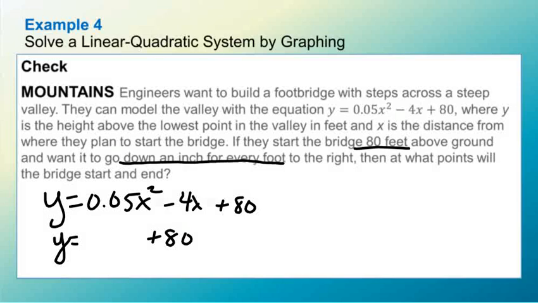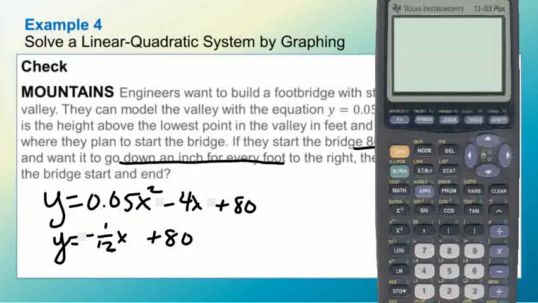If we put that in feet, that would be 1/12 of a foot per foot. So this would be going down, a negative 1/12 x plus 80. We're just making everything into feet, so it's 1/12 of a foot going down for every foot that you go.